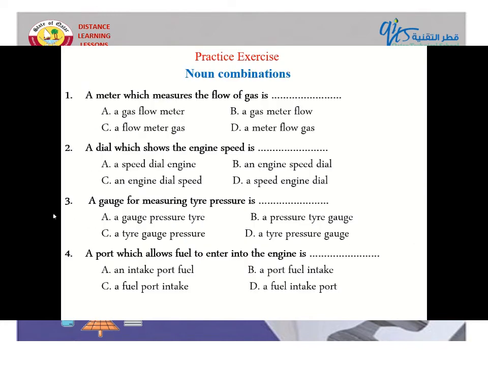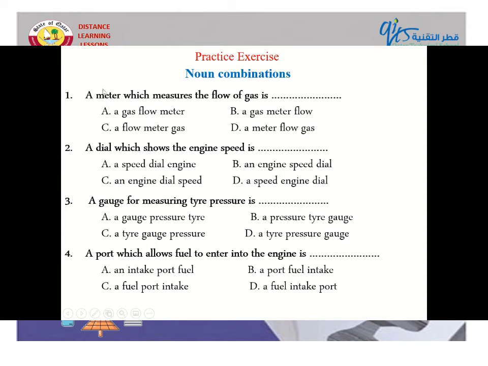Number one, a meter which measures the flow of gas is. You will notice that this is the expanded form. So we need to find the correct noun plus noun combination from the options.